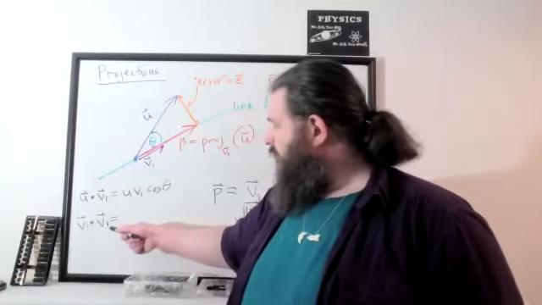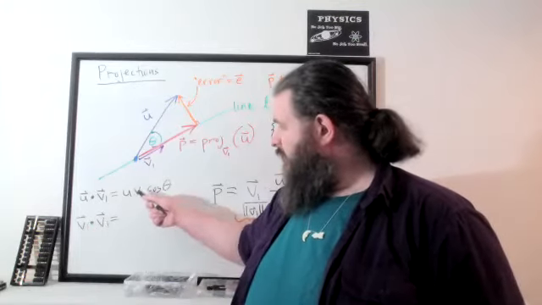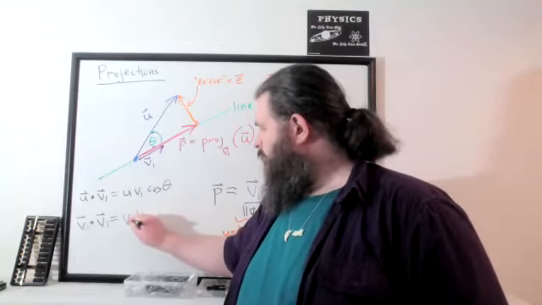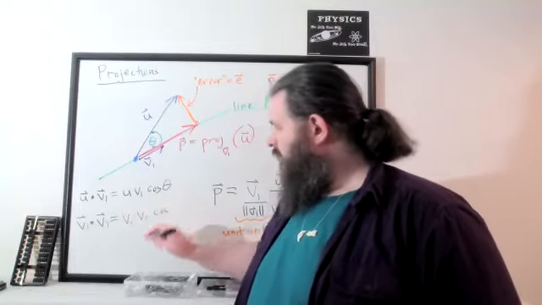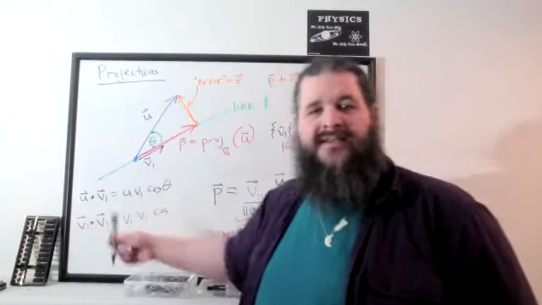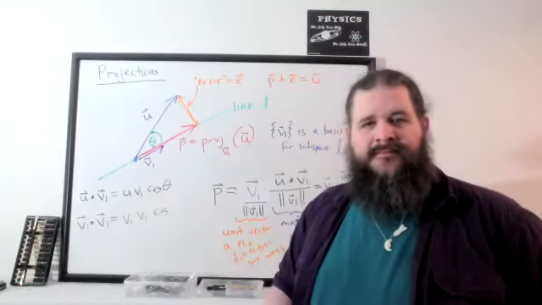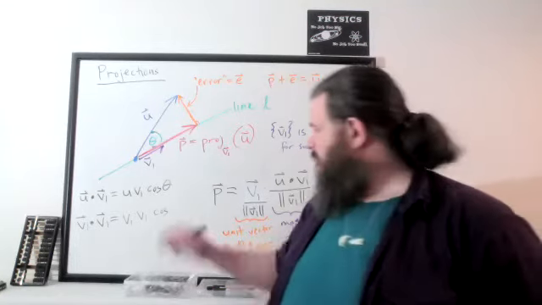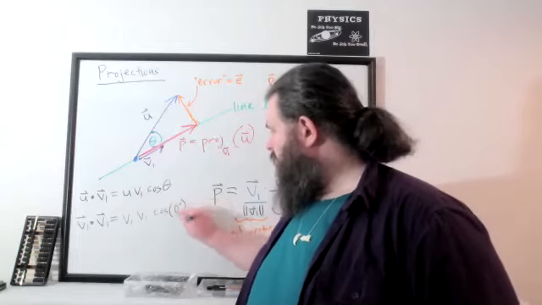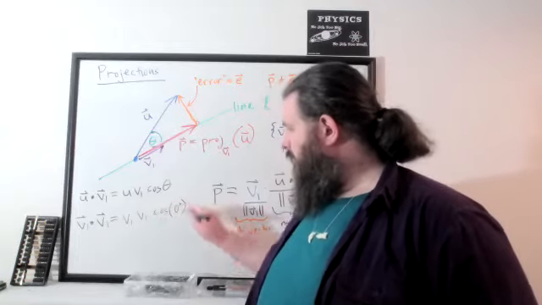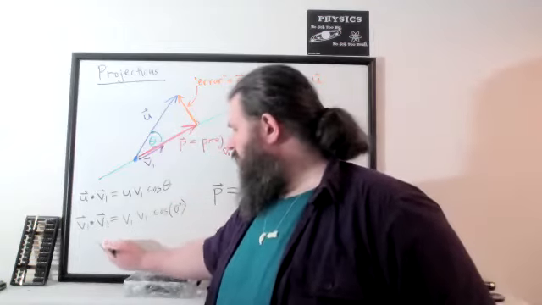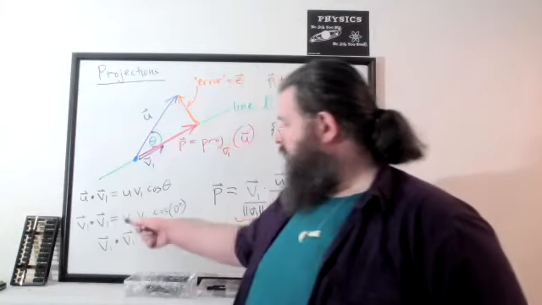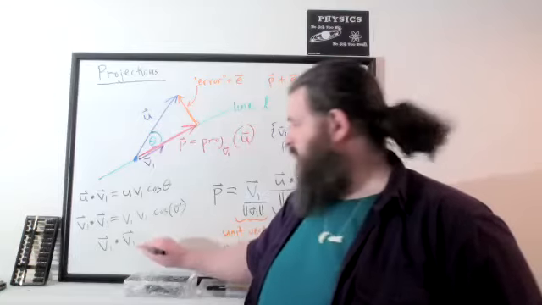V1 dot itself, we're going to get V1 magnitude times V1 magnitude again, times cosine of, what's the angle between a vector and itself? Yeah, cosine of 0 degrees. Cosine of 0 degrees is 1. So we get V1 dot itself equals magnitude times itself. So that's just magnitude squared.